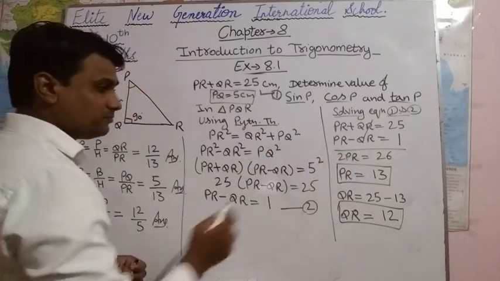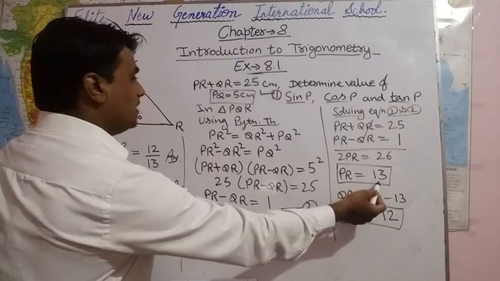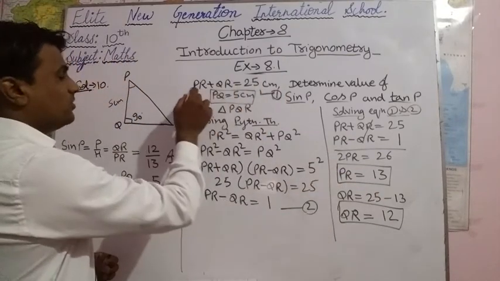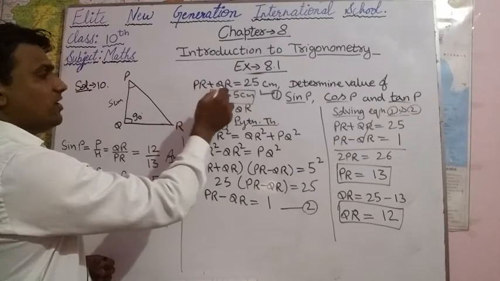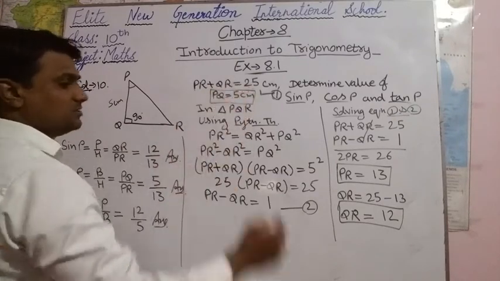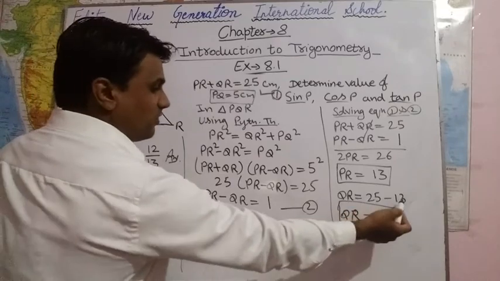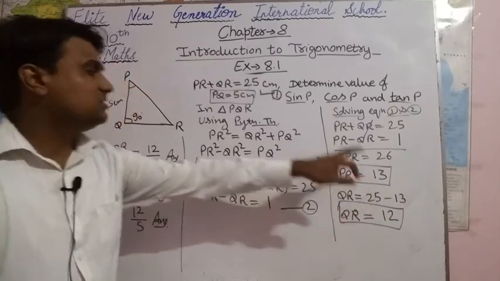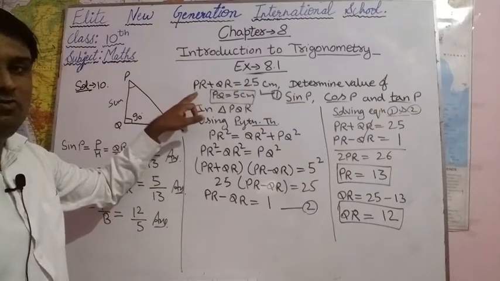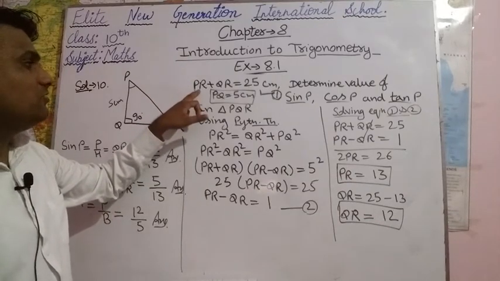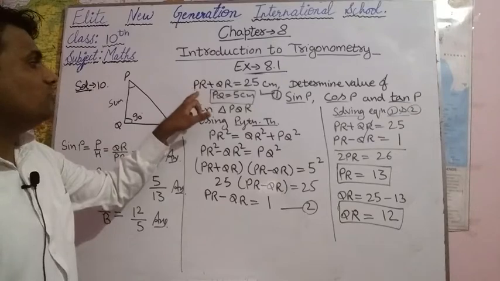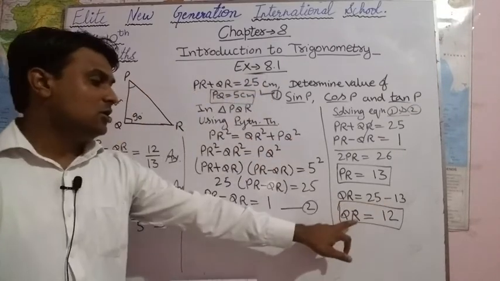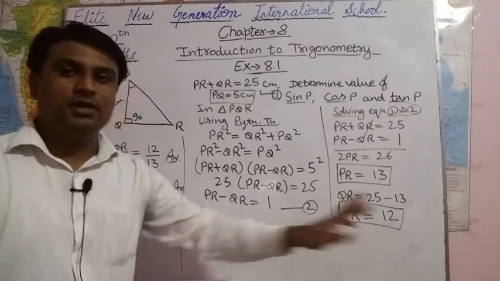Now by putting the value of PR in equation number 1, so it will be 13. For finding QR, 25 minus 13. Here this value 13 is directly applied in equation number 1, so in place of PR we can write 13. So QR equals, this 13 will come to this side, so 25 minus 13. So we can say the value of QR will be 12.